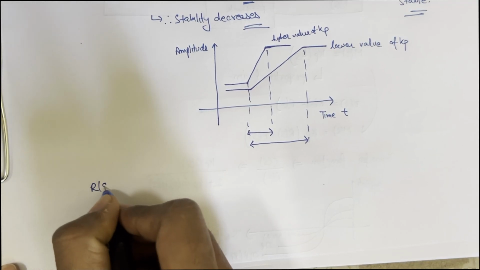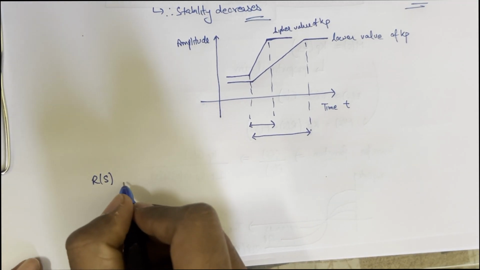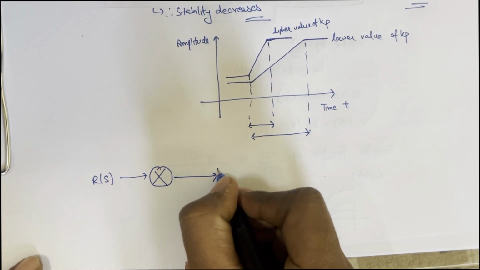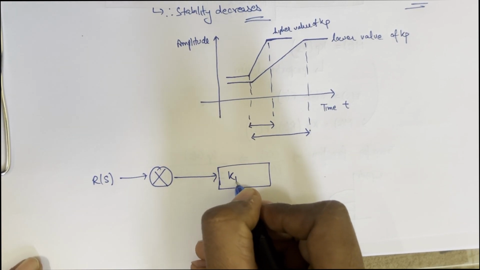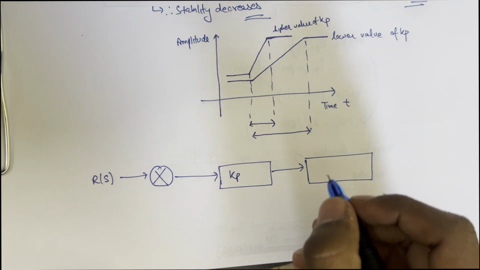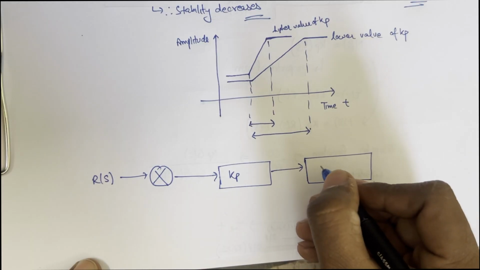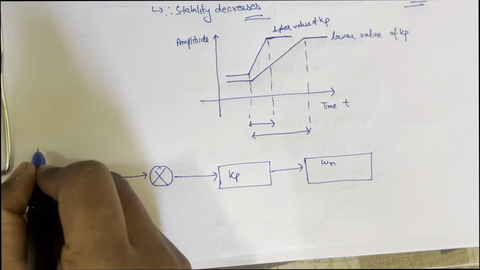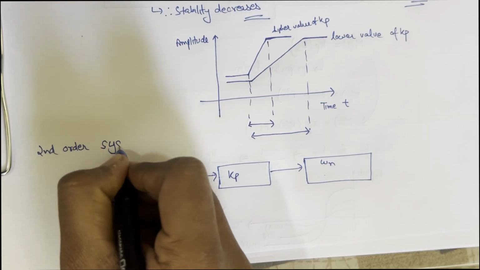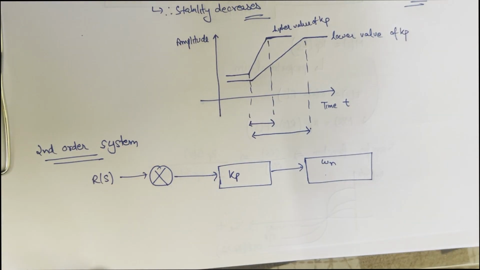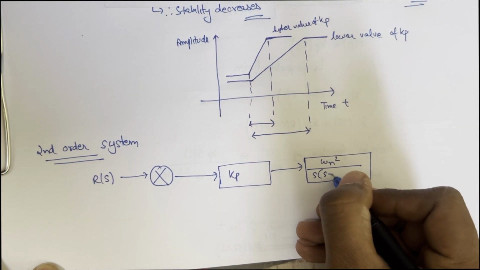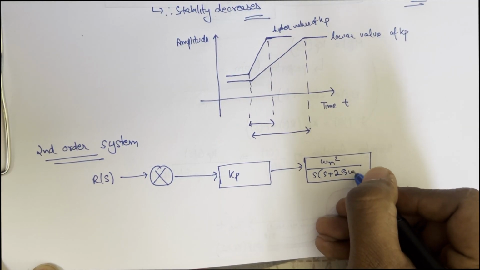So the block diagram goes like R(s), that is the input, which goes to a summer block, then the proportional controller gain, and this is the plant or system of a standard second order system, which is omega n square upon s into s plus 2 eta omega n.